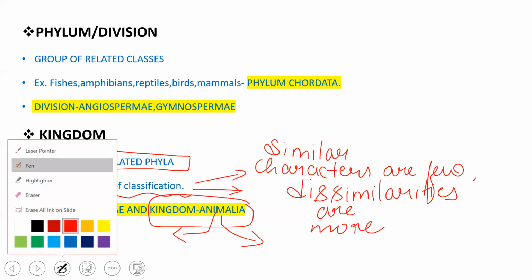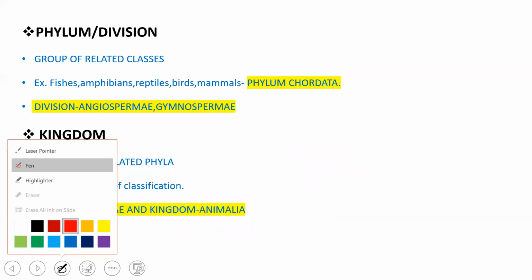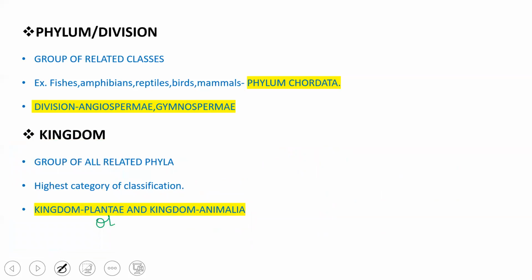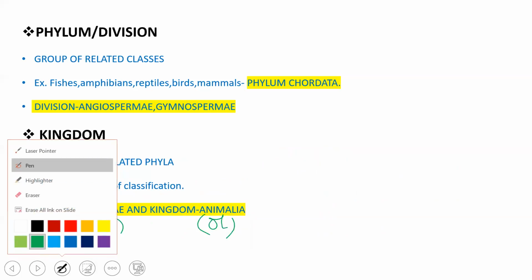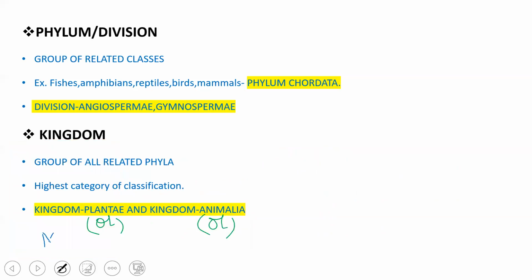The animal kingdom and the plant kingdom can also be called kingdom Metaphyta and kingdom Metazoa.